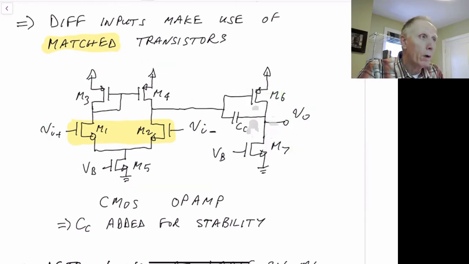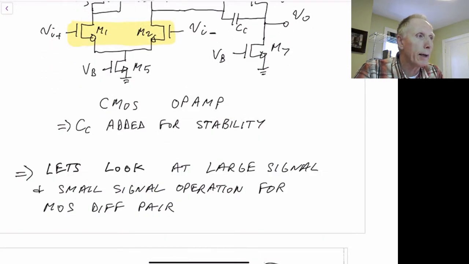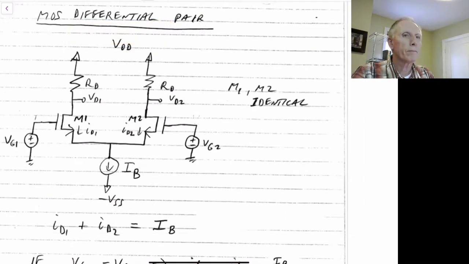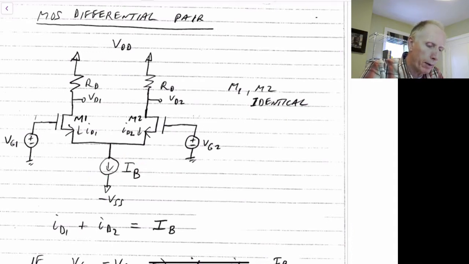Next we want to look at the large signal and small signal operation for the MOS differential pair. Here we see a MOS differential pair with resistive load. We have a current source at the bottom driving our differential pair. The differential pair is M1 and M2, shown here, and we're driving this with input voltages VG1 and VG2.